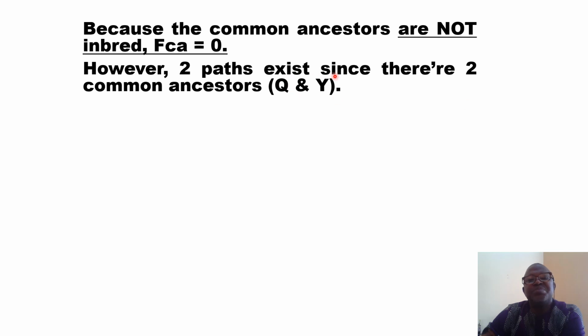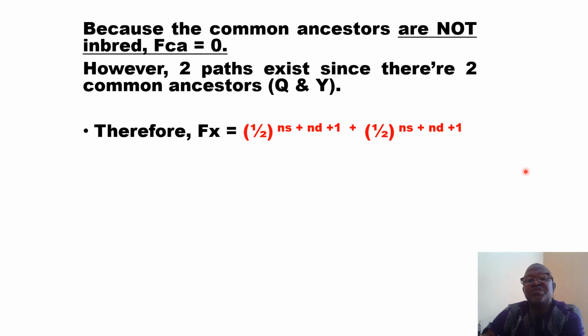However, we have two gene paths since there are two common ancestors, Q and Y. So, if we apply that into the formula, Fx equals half to the power of (Ns plus Nd plus 1) for Q, and half to the power of (Ns plus Nd plus 1) for Y. There are two gene paths between Q and the cousins that are going to mate.